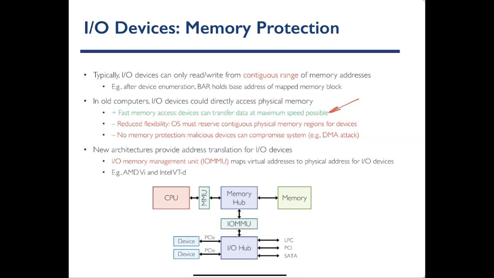So the device would just work with virtual addresses, and those virtual addresses would get translated to physical addresses. Now, if you remember, this is the architecture we saw previously. So this is your memory controller, memory hub, that is connected to your memory.